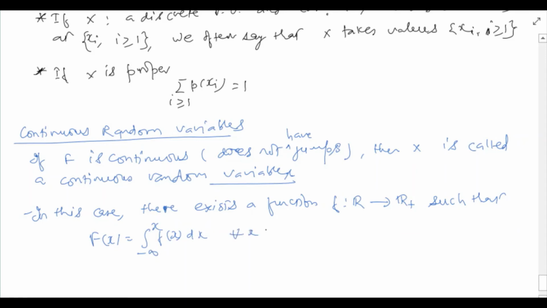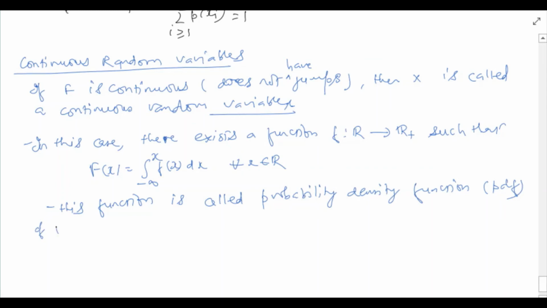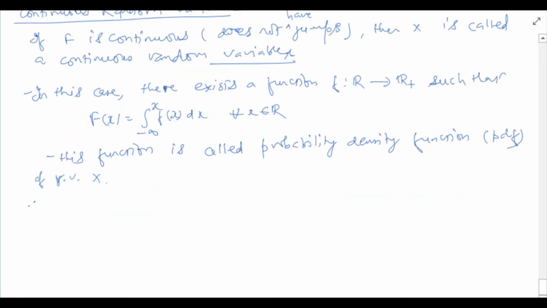This is true for all x in R. This function small f is called the probability density function of the random variable x, in short, PDF of random variable x.